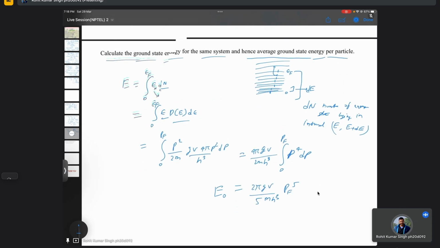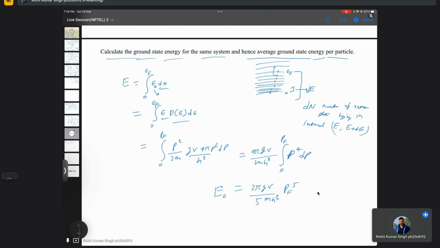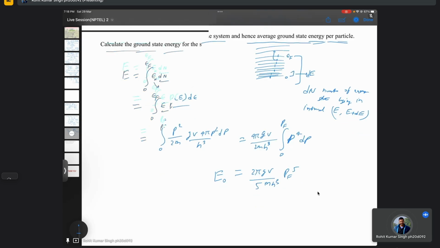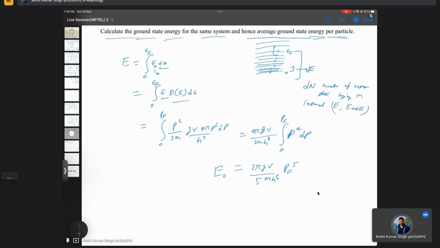Now the question asks for the average ground state energy per particle. If you naively think about it, what should it be?